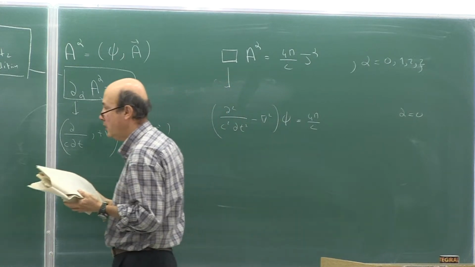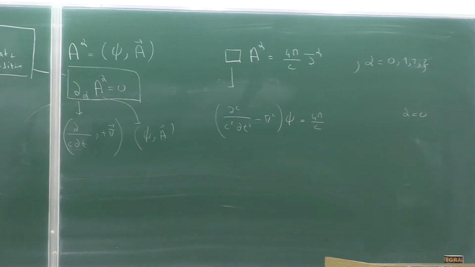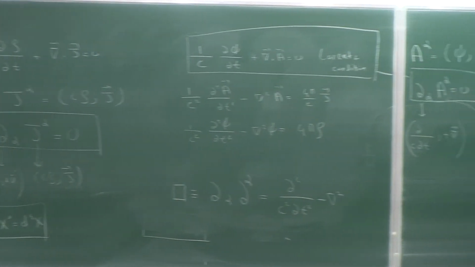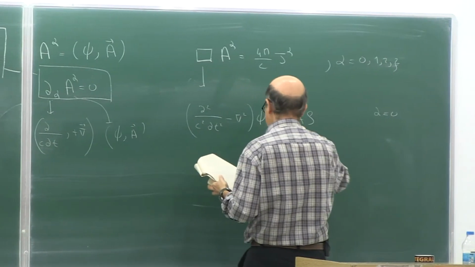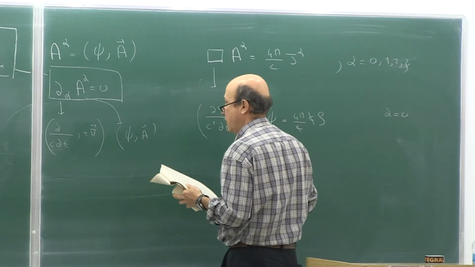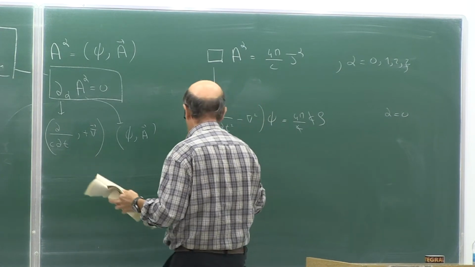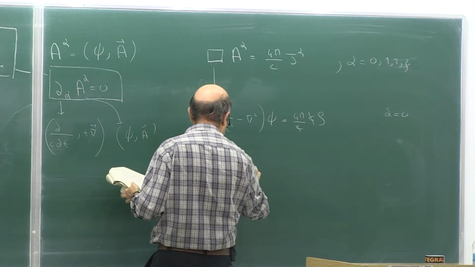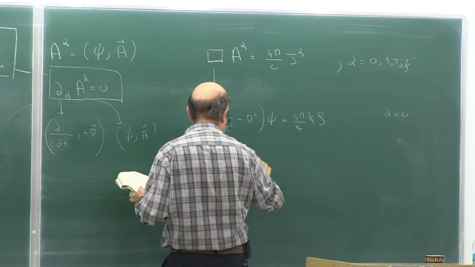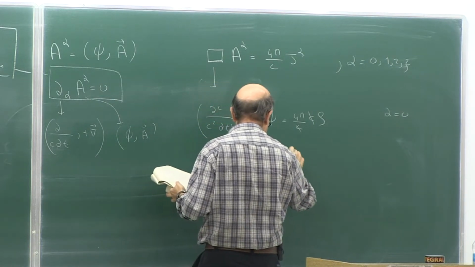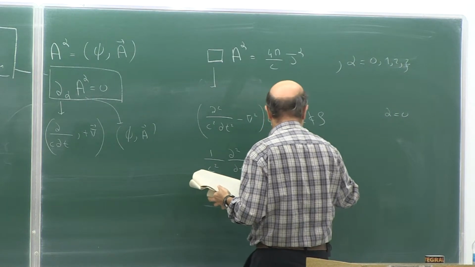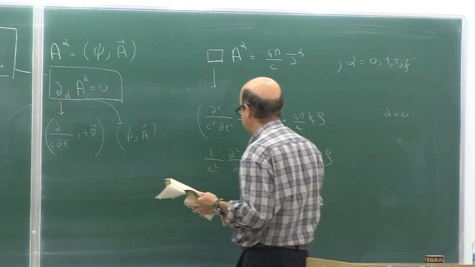Where is j 0? j 0 is c times rho, and the c's will cancel. Which equation will we obtain? You will obtain 1 over c square del square over del t square acting on the scalar potential, minus the Laplacian acting on the scalar potential, equal to 4 pi times the charge density.